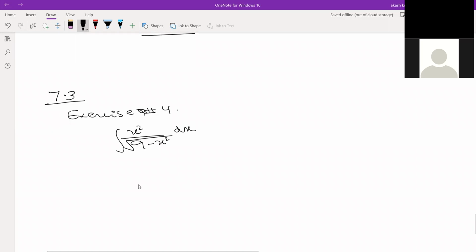Okay, it is 9 minus x squared, so I can write it down as 3 squared minus x squared dx.